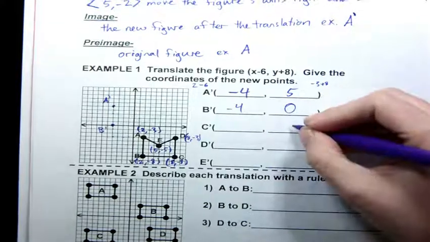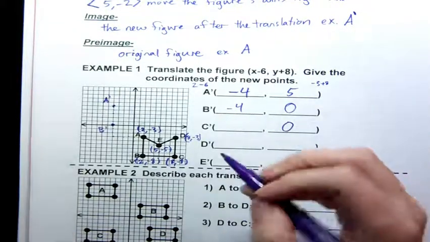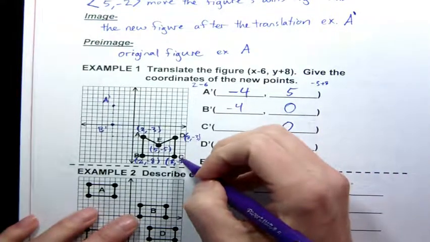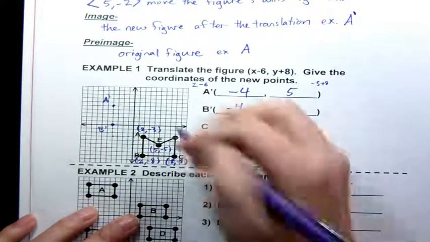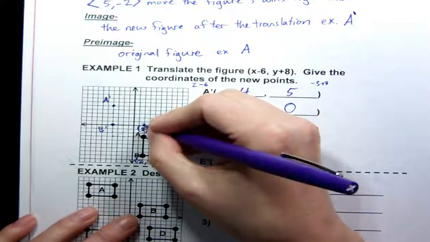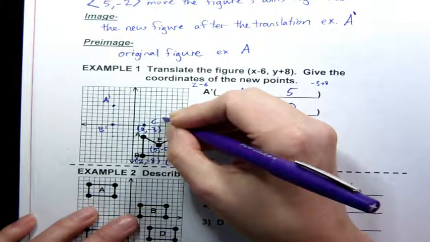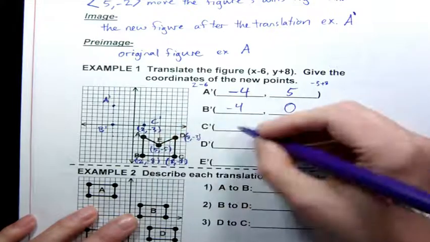Okay, 0, yes. Is it negative 2? Positive 2, because when we just go here, it hits right here. So C is positive 2 and 0.